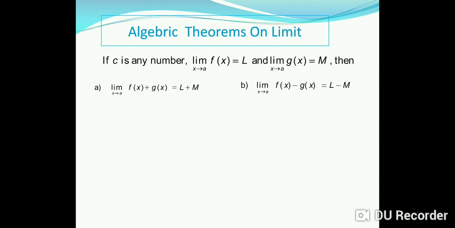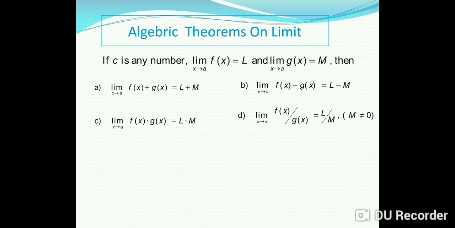B, limit of f of x minus g of x as x tends to a is equal to L minus m. C, limit of f of x into g of x as x tends to a is equal to L into m. D, limit of f of x divided by g of x as x tends to a is equal to L by m. Here is the condition m not equal to 0.